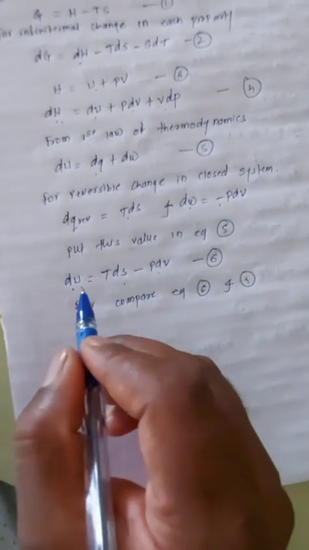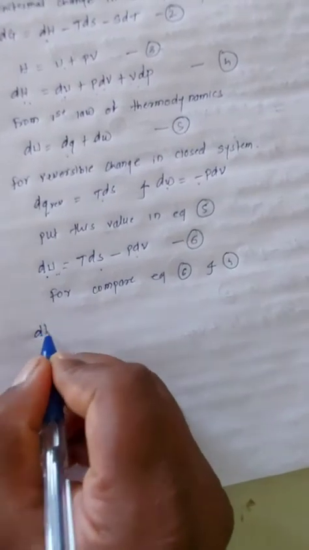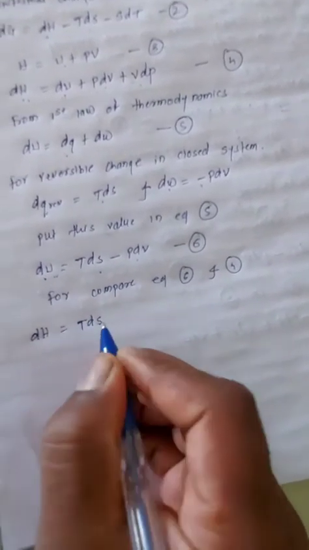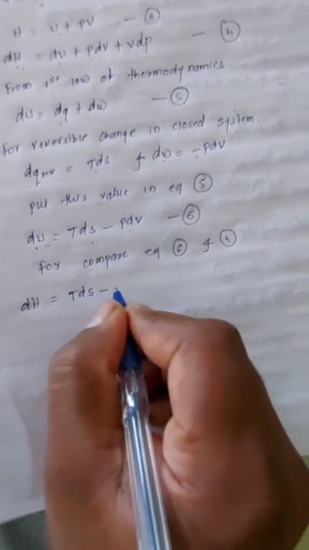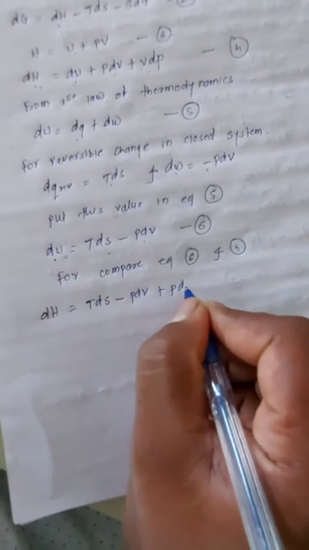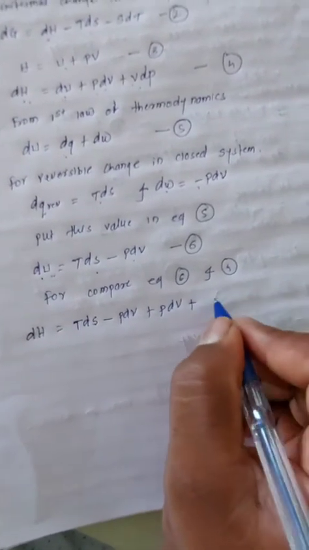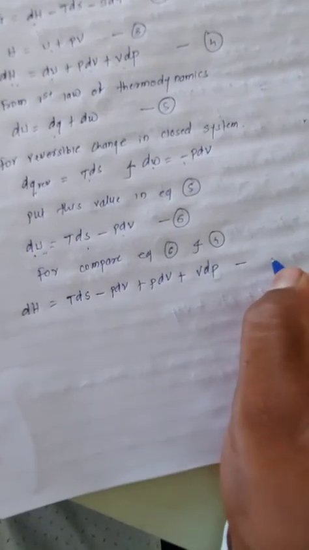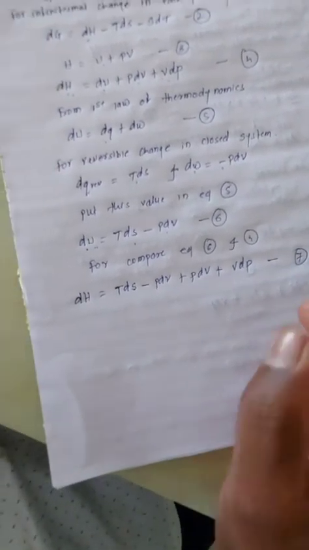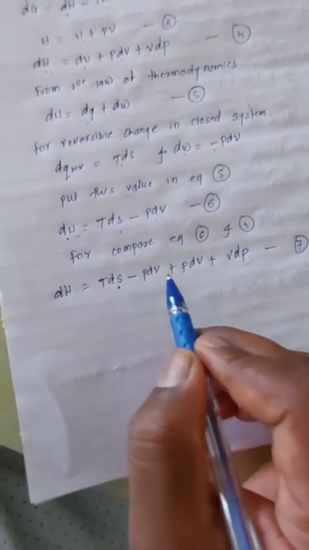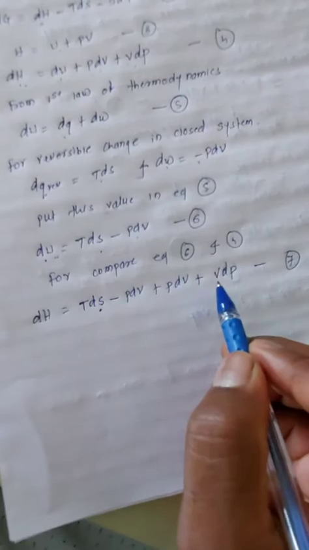Simply put the value of dU in equation number 4, that is dH is equal to TdS minus PdV plus PdV plus VdP. This is equation number 7.